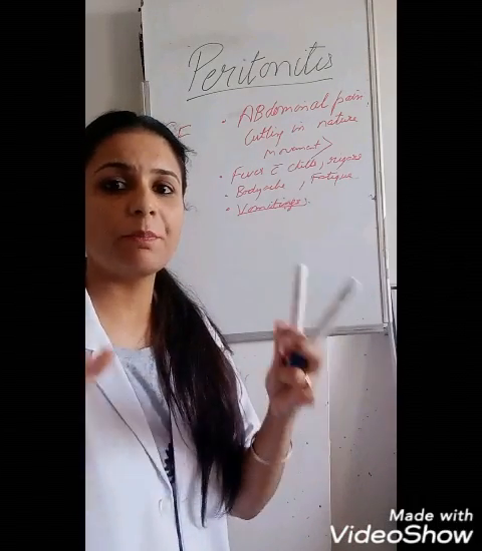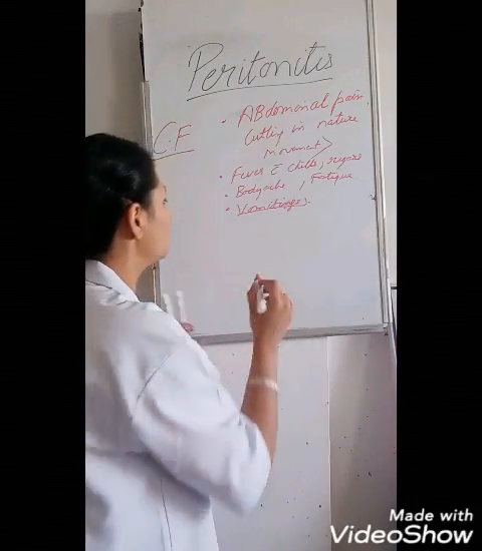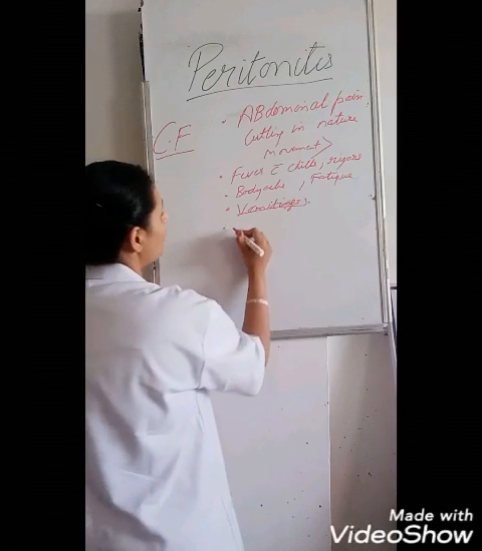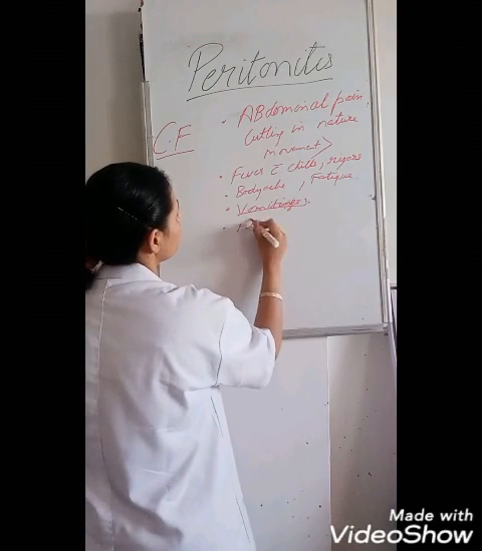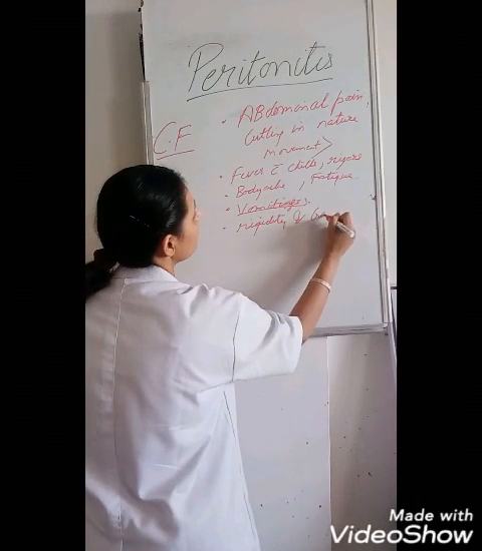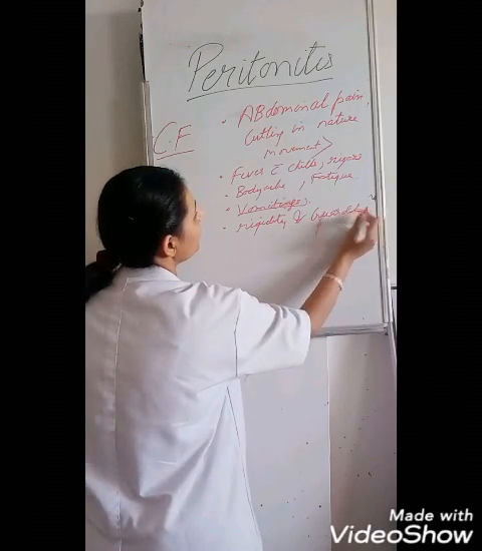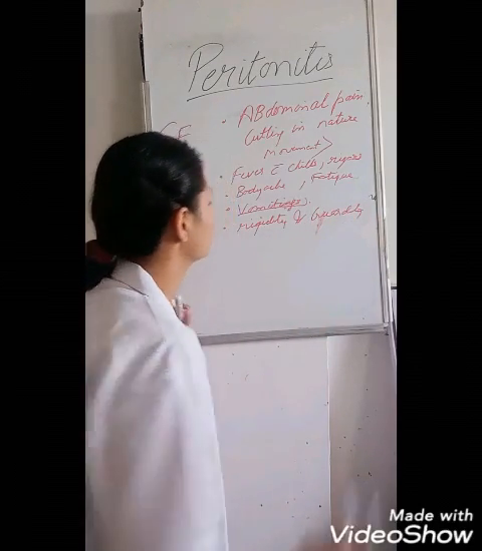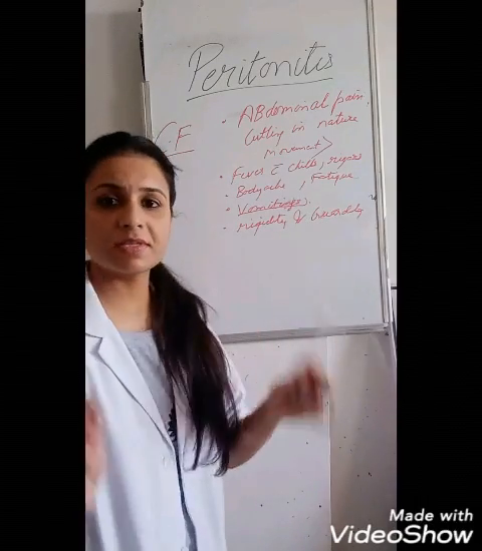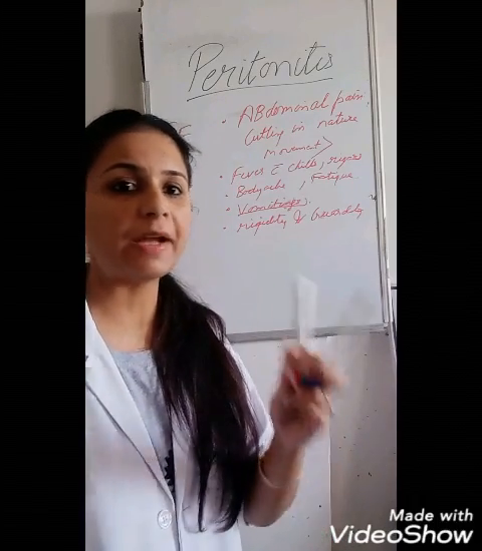The parietal peritoneum is getting irritated and inflamed. So that will cause persistent vomiting. Then there is abdominal rigidity and guarding.